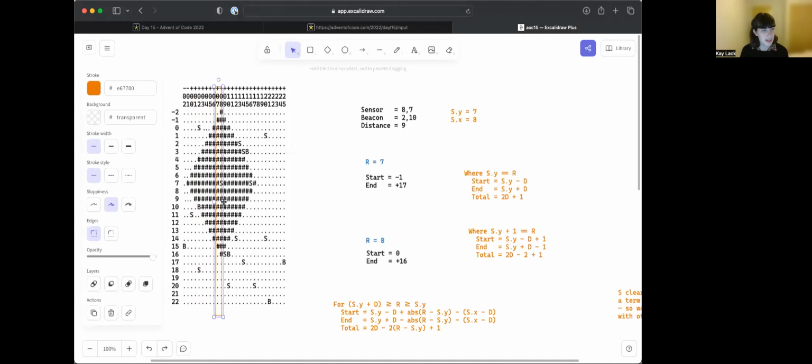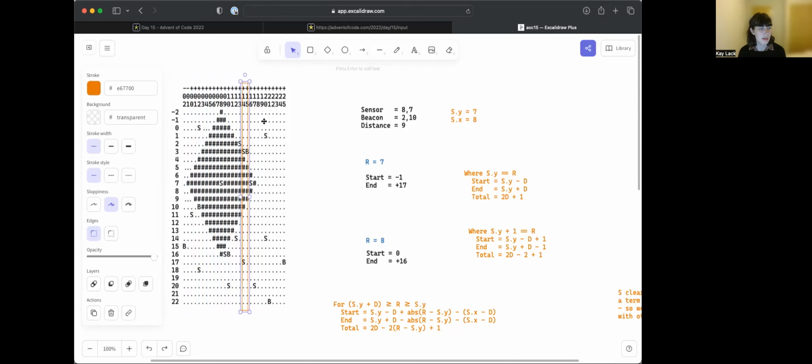So here's the example input, and I've plotted the numbers along, and we can use this to see the different grids, right? What I figured I would try to do is, if we're looking at a single row, let's say row 9, what we really need is the first and the last index, and then we can count between them, just subtract the indexes. So if it's 15 and 1, of course, there are 14 cells that can't contain a beacon on this line.